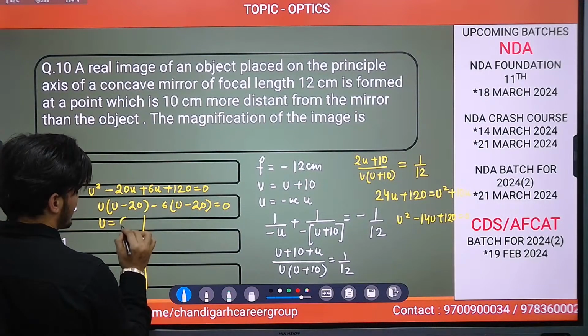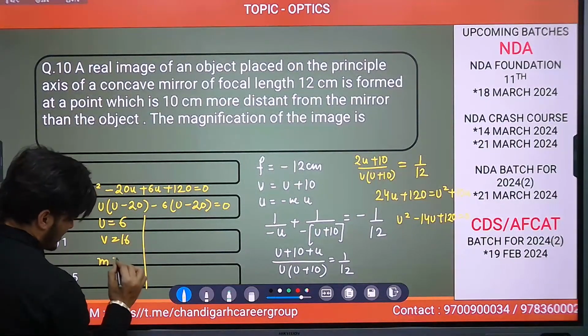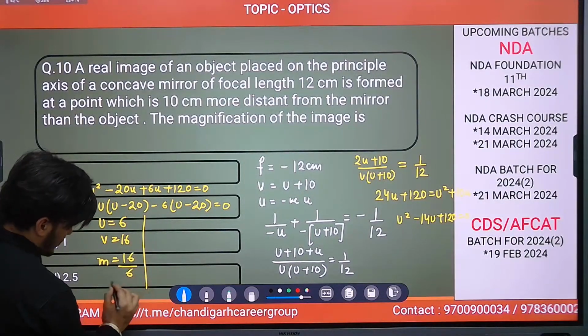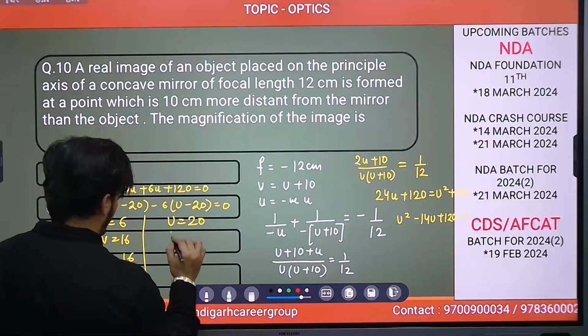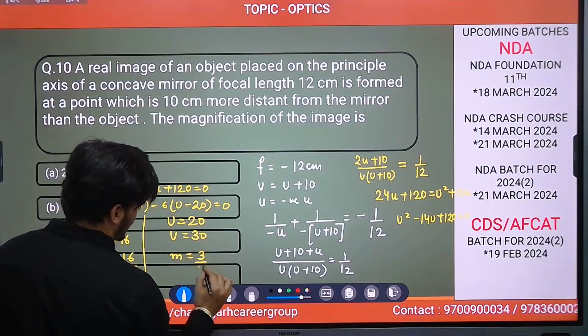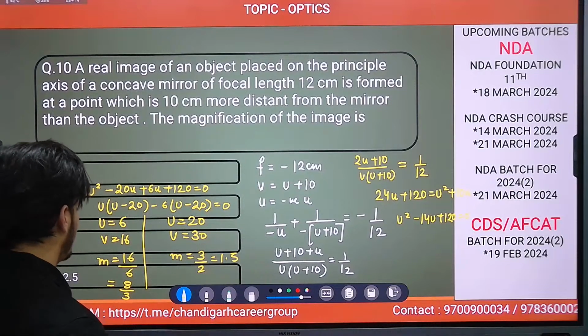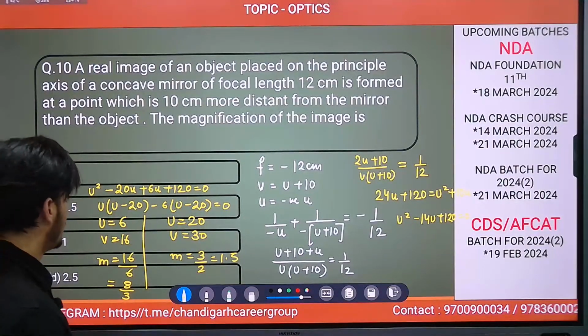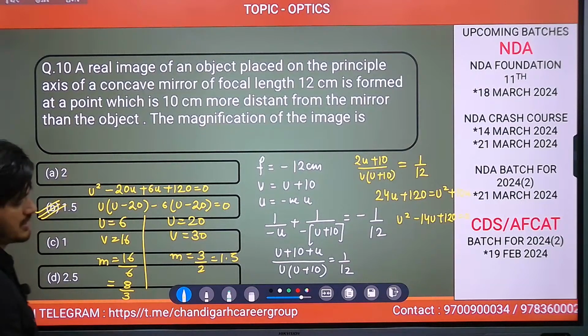If u is 6, v is 16, m is 16 by 6, 8 by 3. If u is 20, v is 30, m is 3 by 2, 1.5. So this is 1.5, which is correct.